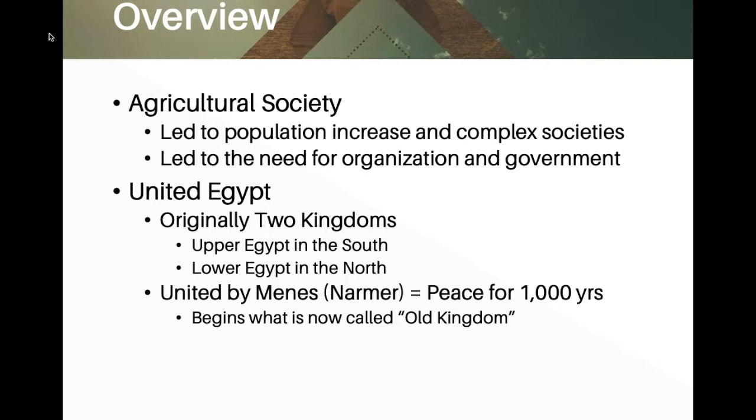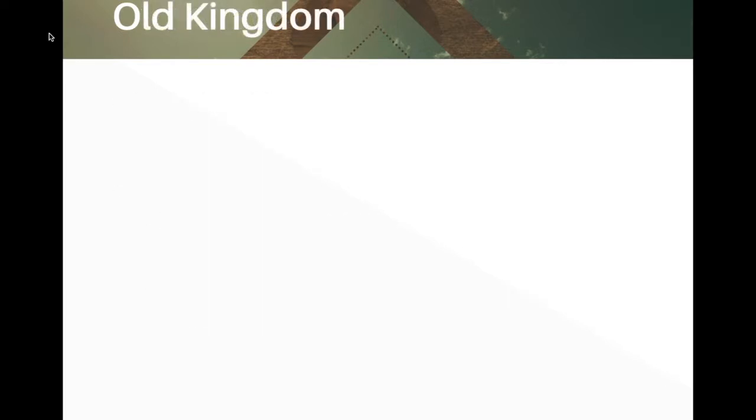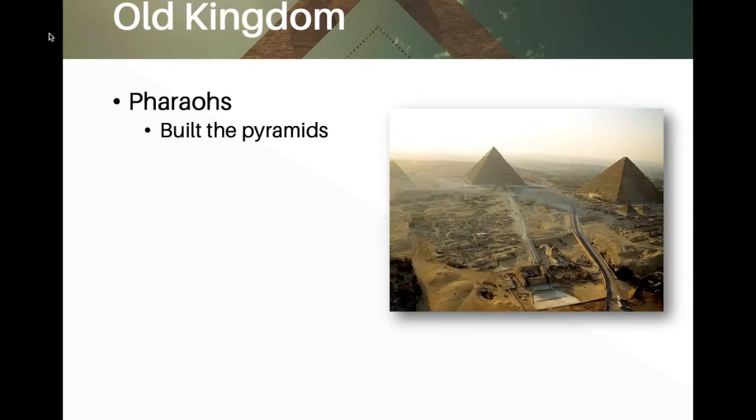Now, when we start looking at the Old Kingdom that Menes ruled over, the Old Kingdom dates to around 2600 BC to 2100 BC, and in the Old Kingdom, there's a very important symbol of that kingdom, which was the pyramids.